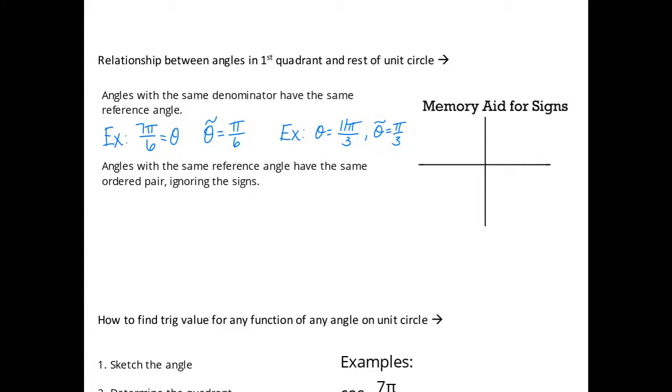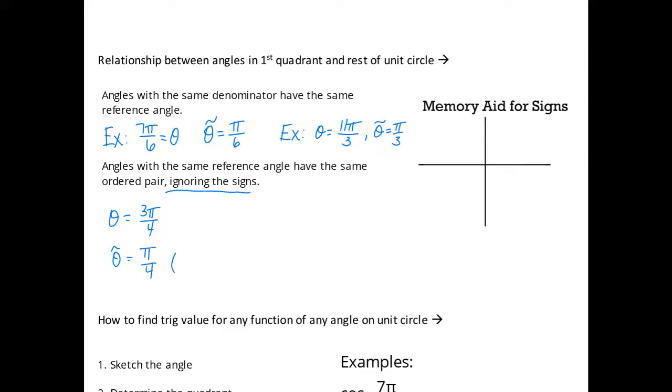The other thing is if they have the same reference angle, then you should also notice on your paper plate that they have the same ordered pair if we ignore the signs. Okay, so obviously in other quadrants, the ordered pairs get negative signs on some of the coordinates, but the basis of the ordered pair is the same. So for example, if theta is 3 pi over 4, well, baby theta would be pi over 4.